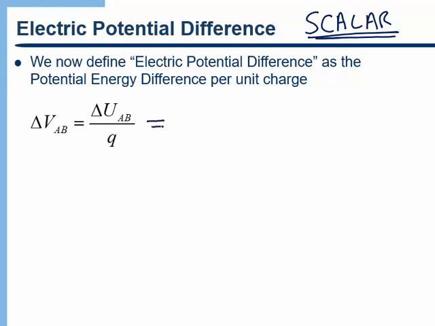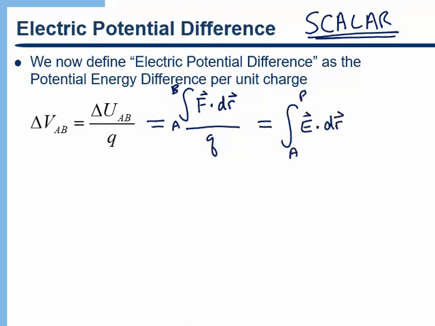All right, so I want to rewrite potential energy as the integral of F dot dr, as we've talked about, as we go from point A to point B in our electric field, and divide that by Q. Well, we know that F over Q is the electric field. That's our definition, in fact, of electric field. And therefore, I can rewrite this as the integral of E dot dr from point A to point B in the field. So fundamentally, electric potential difference is related to the underlying electric field.